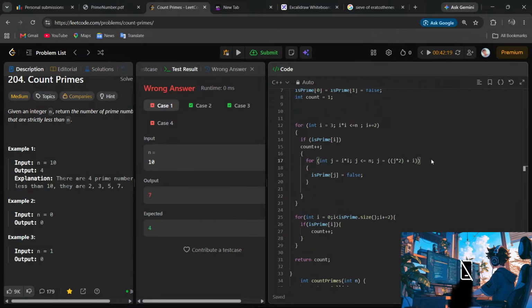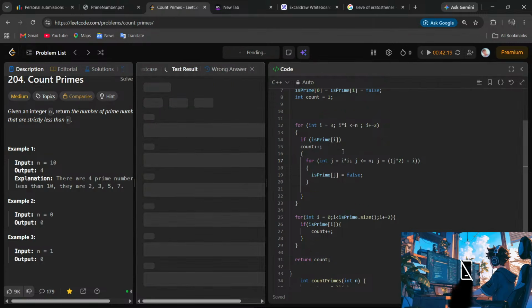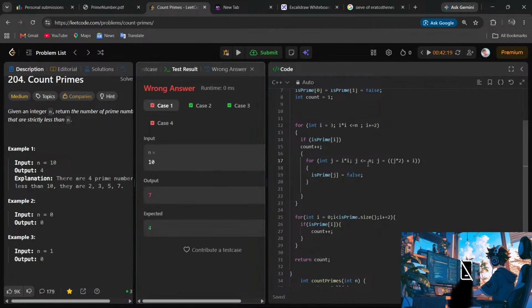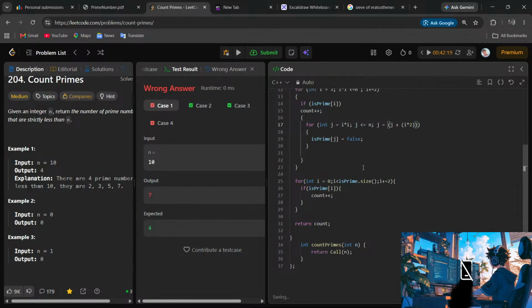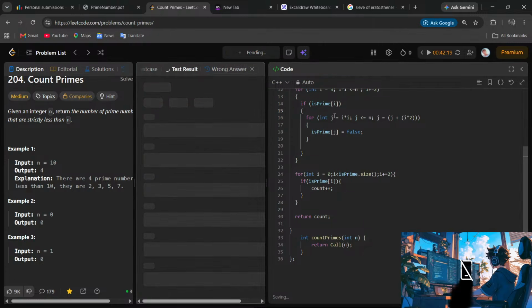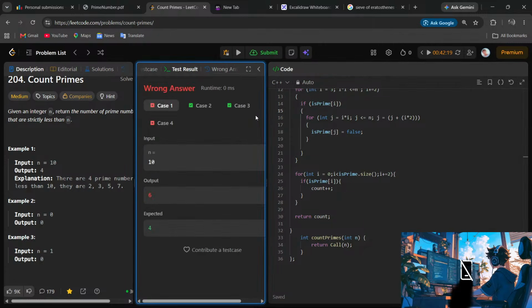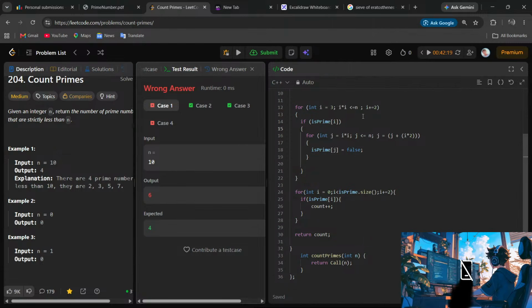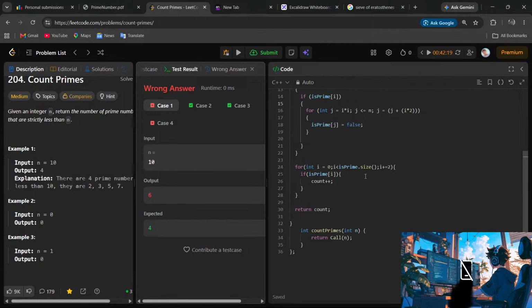I simply add i into it. Oh, it doesn't matter. I got 6 for this. I will start it from 3. Initially the count will be... or will I have to start it from 2 only?